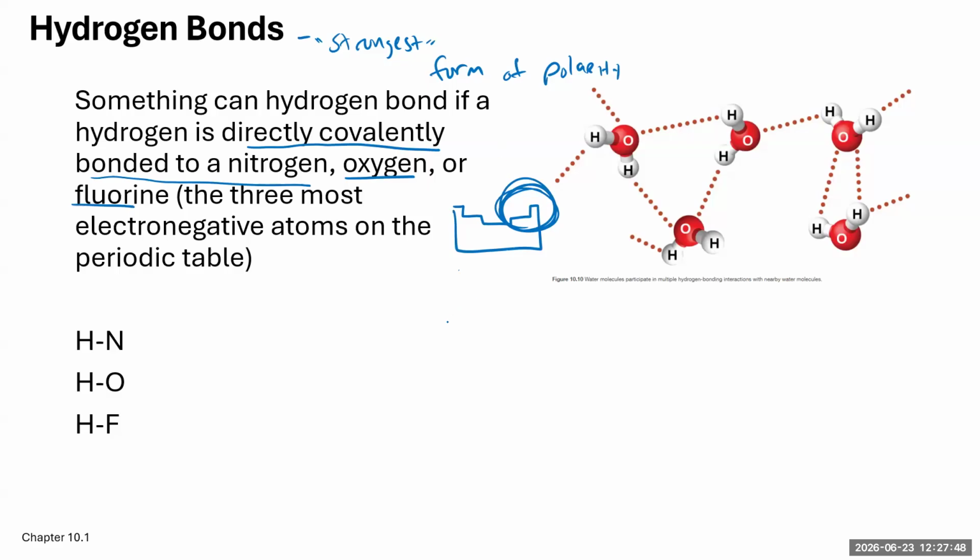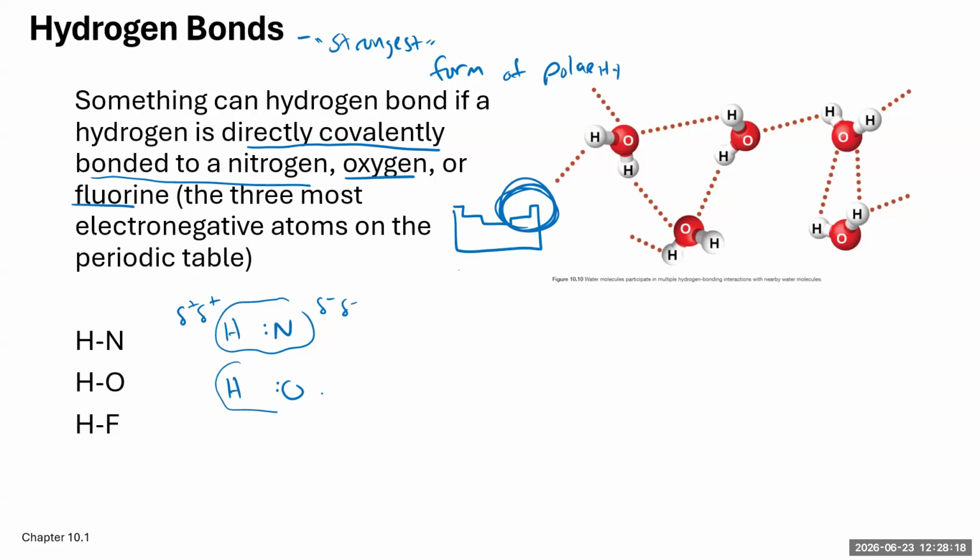The idea is those are so electronegative, it's pulling the electrons very, very close to nitrogen, which makes this side a little more negative, right? It's still partial negative, but it's stronger than a normal polarity. Same with oxygen. It holds those electrons really far away from hydrogen.